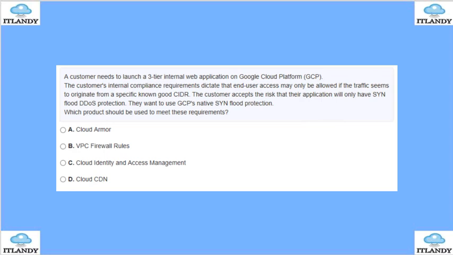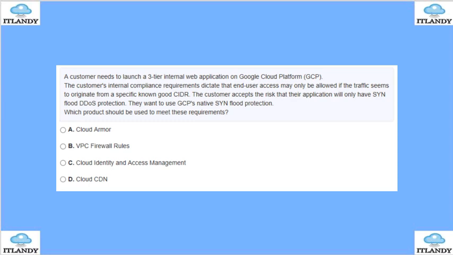Next, a customer needs to launch a three-tier application on GCP. The customer has an internal compliance requirement that end users are only allowed traffic from specific CIDR, which means IP addresses. The customer accepts there's a risk for their app from SYN or DDoS attacks.